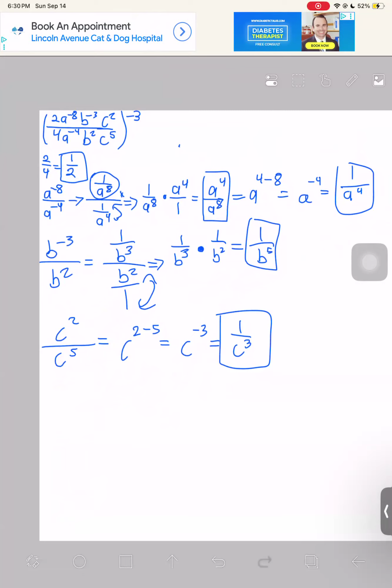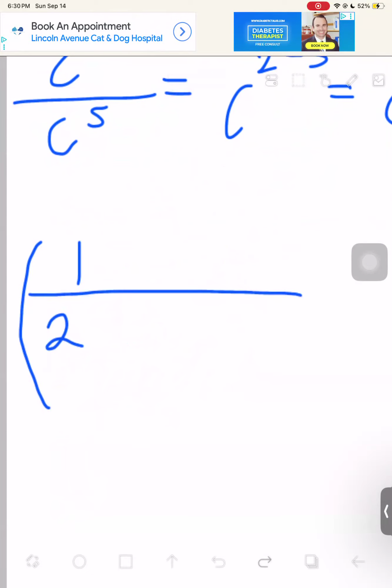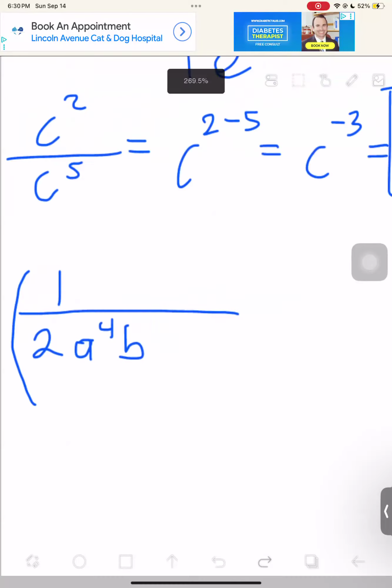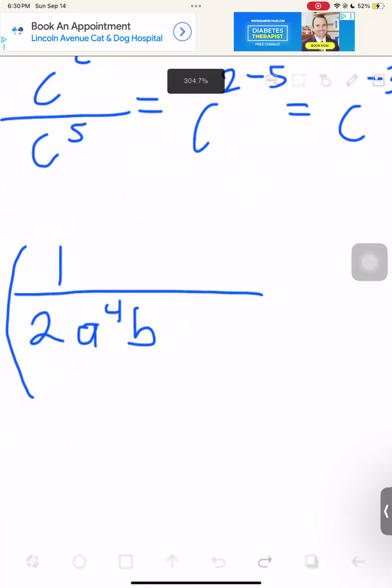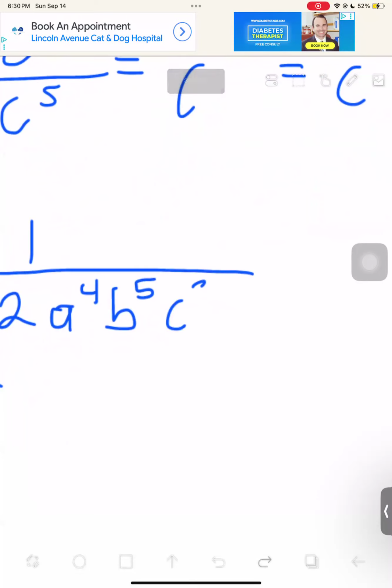We group them all together now. On the bottom, it's going to be a to the power of 4, b to the power of 5, and c to the power of 3. Notice how they're all in the denominator.